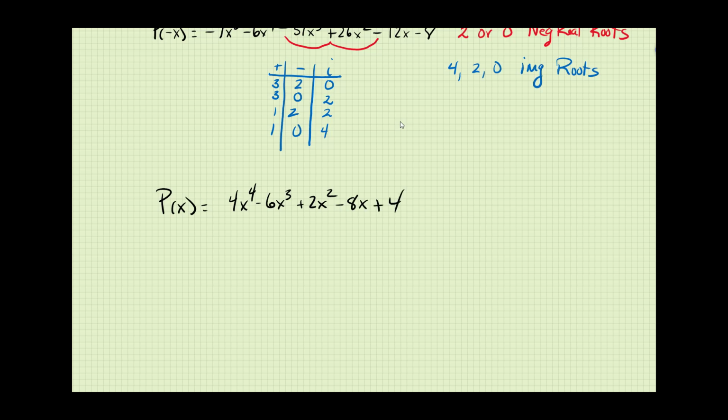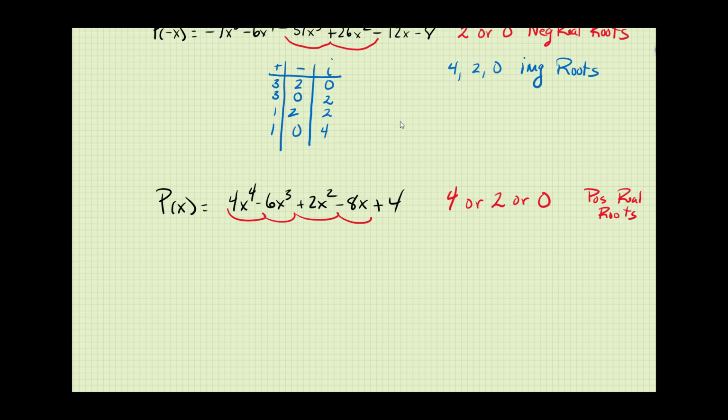All right? So we count our positive roots: 1, 2, 3, 4 sign changes. So that means we have 4, or, again, we decrease by 2's: 2 or 0. So we count down until we get to 0 or 1. That's how it works for positive real roots.